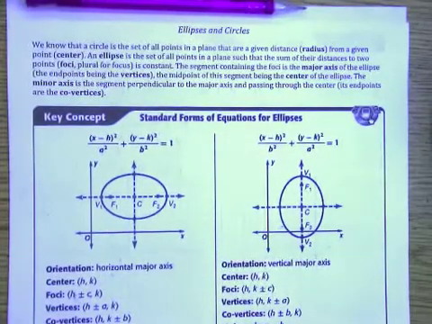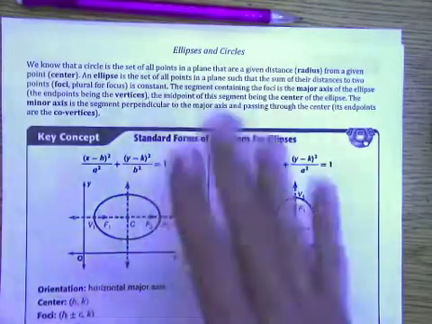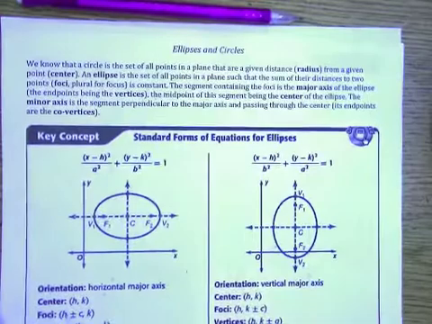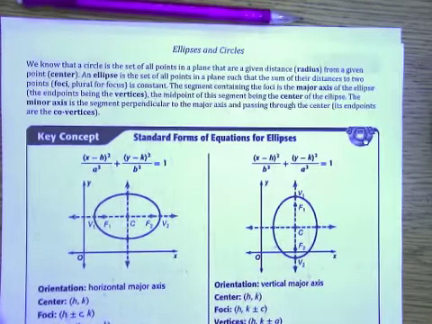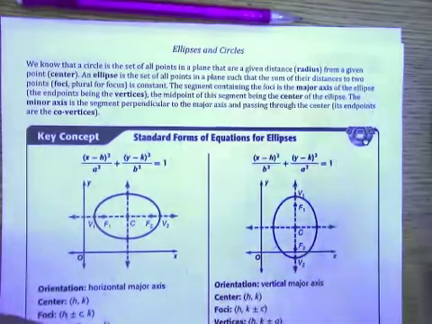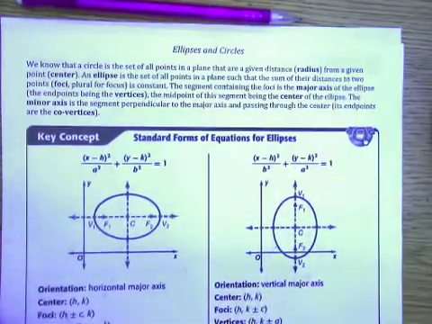In an ellipse, there's two foci, that's plural for focus, and there's a center. So the center is what you see staring at you when the equation is in standard form. An ellipse is the set of all points in a plane such that the sum of the distances from these points to the two foci is always the same.